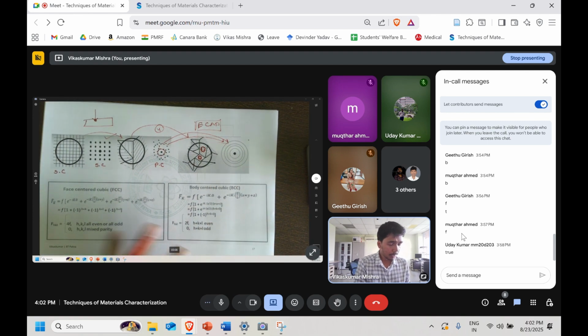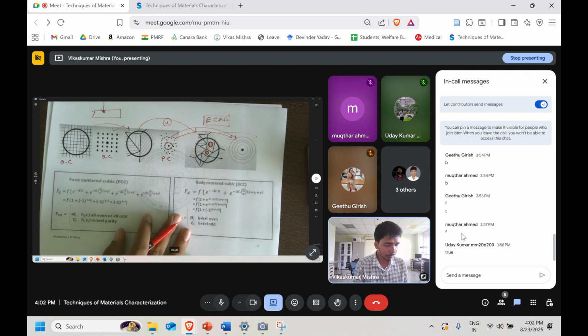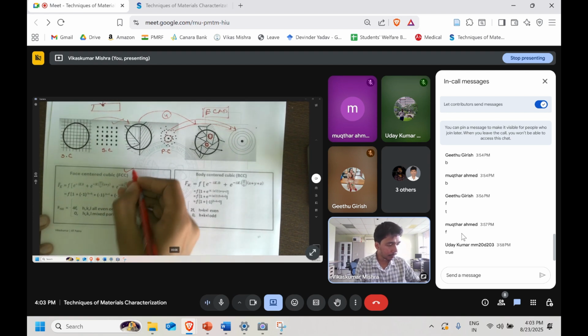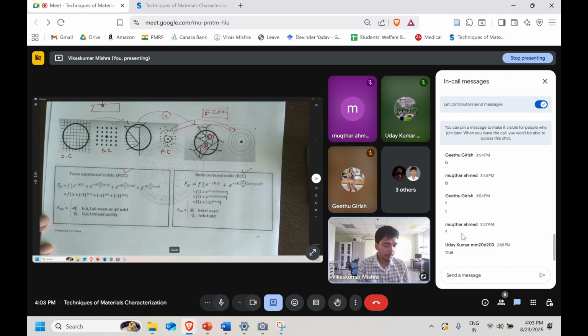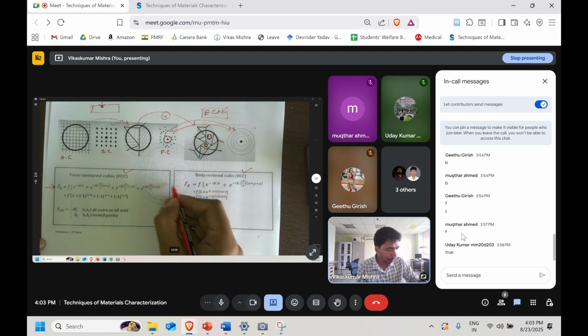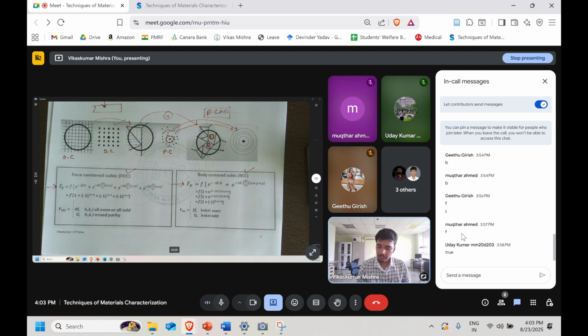This is one of the concepts that has been discussed in the class. Next, we discuss the FCC and BCC, and the structure factor. It is very well possible that, as we talked, if orientation is satisfying Bragg's law, the diffraction will occur.